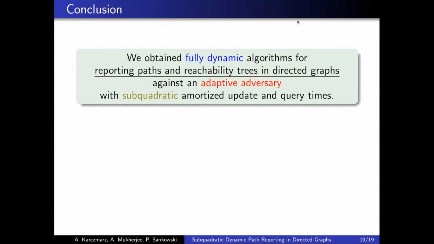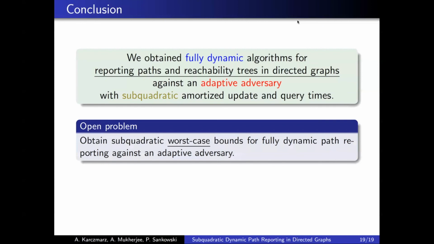While the algebraic data structures generally give worst case guarantees, we have used combinatorial decremental strongly connected component data structures whose update time is good only in the amortized sense. So the next question would be to obtain subquadratic worst case bounds for fully dynamic path reporting against an adaptive adversary. Thank you for your attention.